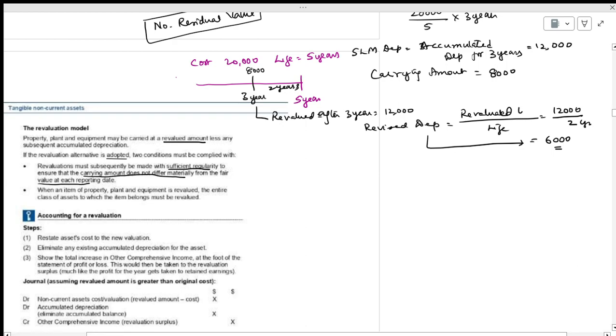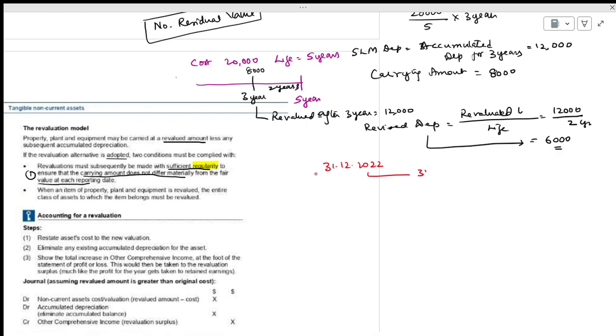The rule is, if we are doing revaluation, you have to do it regularly. This is a very important point; it will be used in MCQs regularly. You cannot say that you have a land and did revaluation in 2022, and then do it as per your convenience.